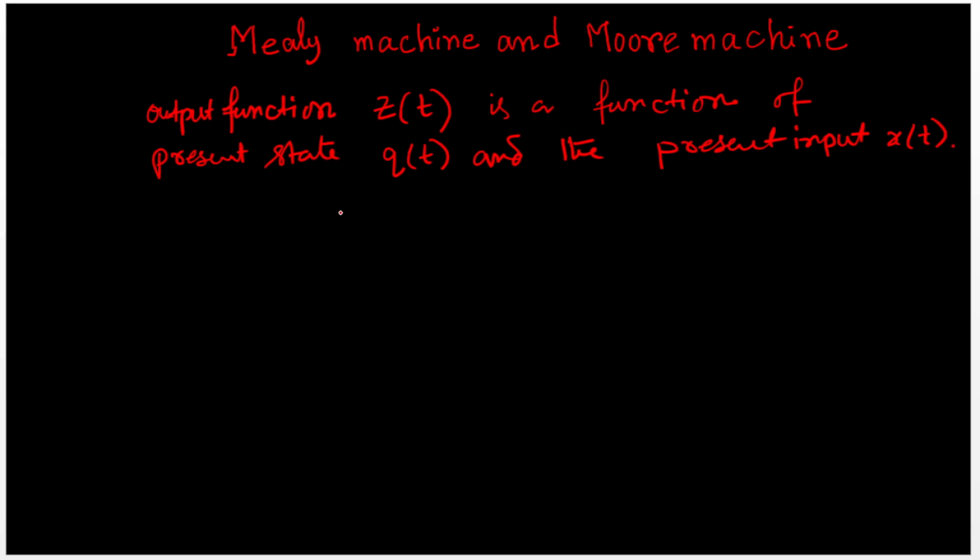So we can write z of t, that is the output function, is a function of, that is lambda, q of t, the present state, and the present input x of t. And this lambda is basically called the output function.